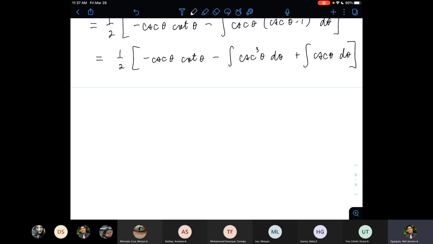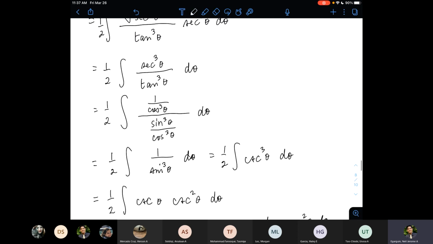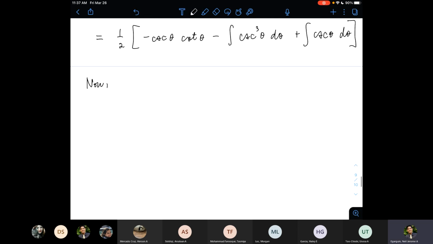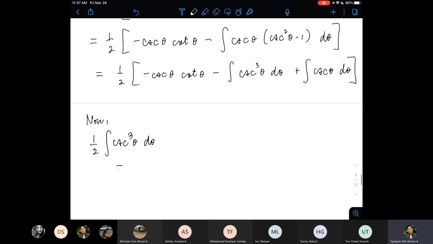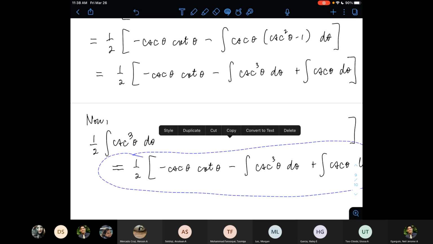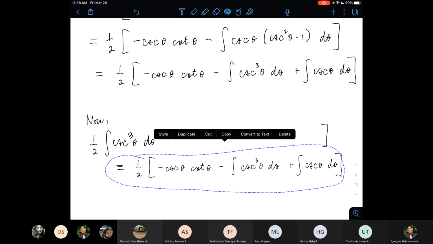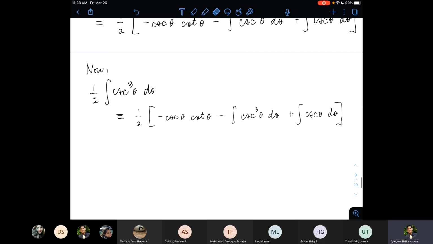Now, what do we have? So here's what we have. We have 1/2 integral of cosecant cube theta d theta, which we know is equal to this guy. But what I see here is that this guy can go inside that, right?